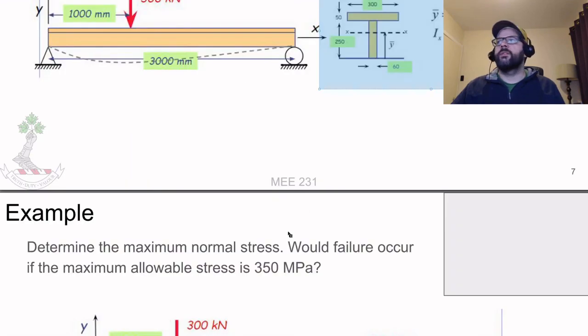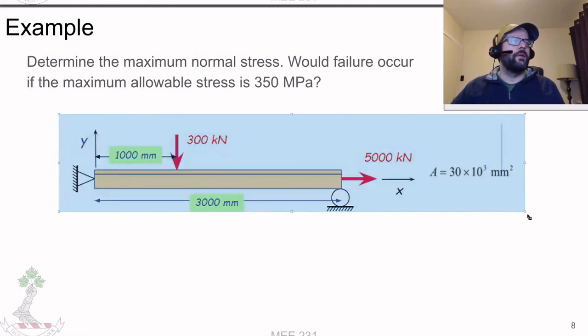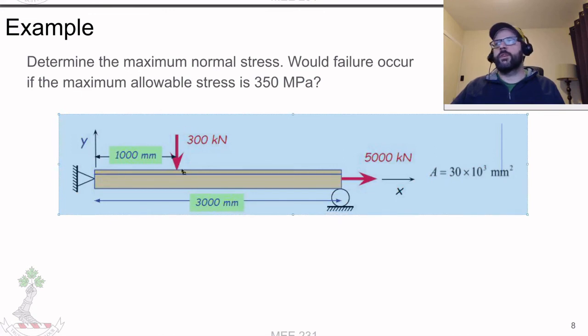So what if we have this set up instead? We've got it pinned at one end. We've got the same load, the same loading situation going on. Supports are in the same places. So the shear load that's going to be arising is going to be the same.